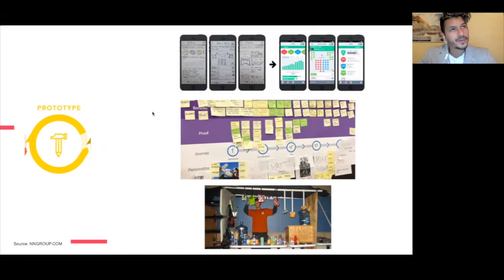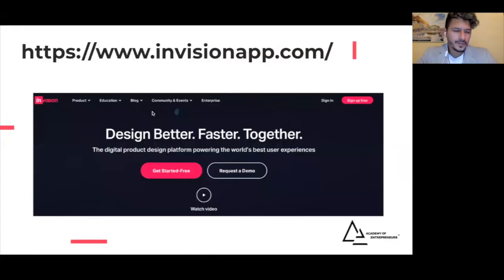But if your product is more into the digital world, there are pretty good tools. Some of these are free that you can use. The one that I highly recommend is InVision app, because let's say you want to build an app, a mobile app, or a web app. You can use InVision app and you can easily do it without needing any coding experience. Okay, so you can build one for free, and if you want to build more, you can pay for it.